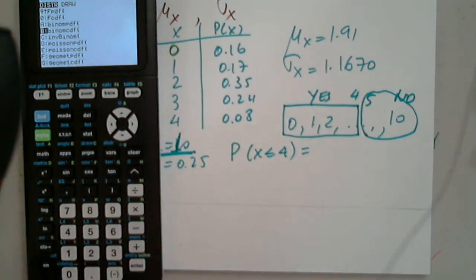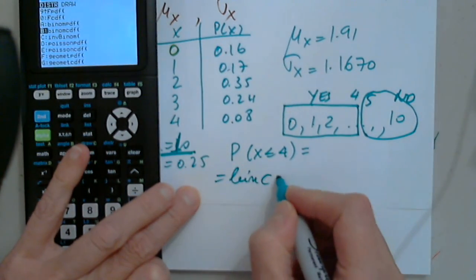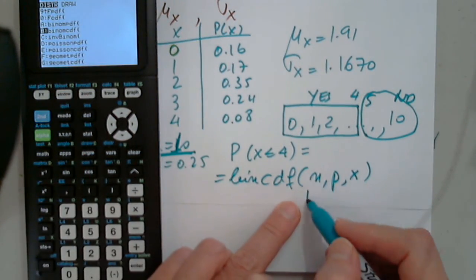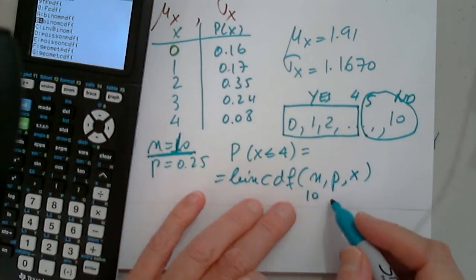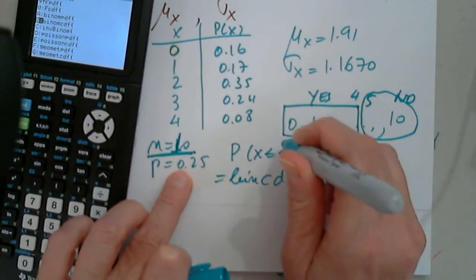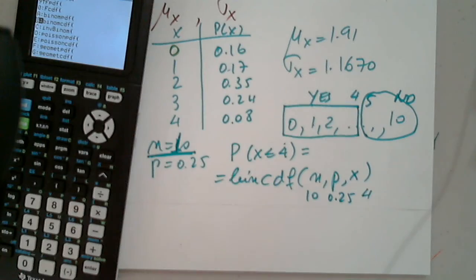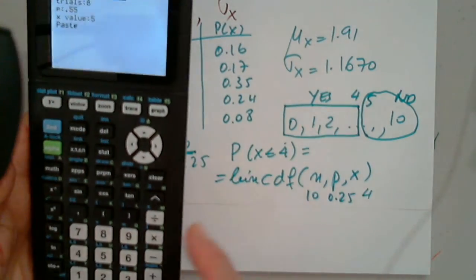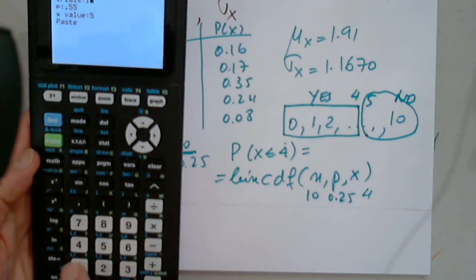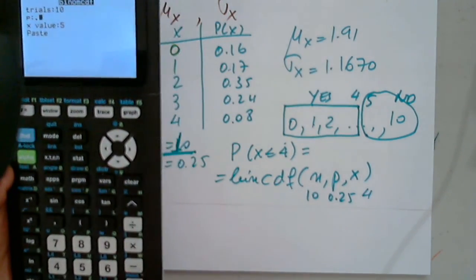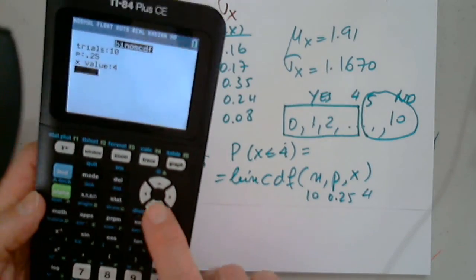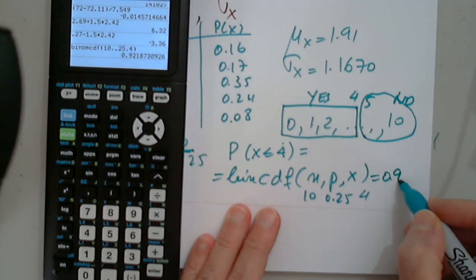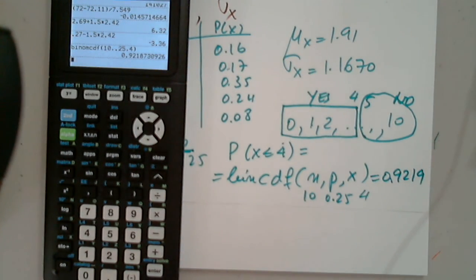Binomial Cdf with n, p, x: n being 10, p being 0.25, and x in this case being 4. And you will accumulate all of them. So the trials is 10, probability 0.25, and then 4. And when I press enter, I get 0.9219.